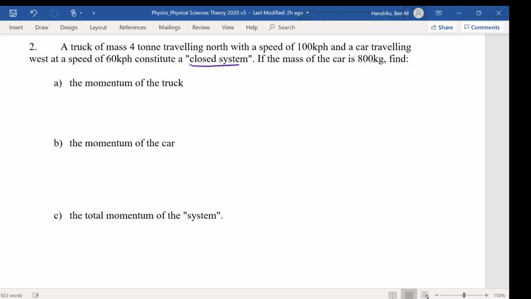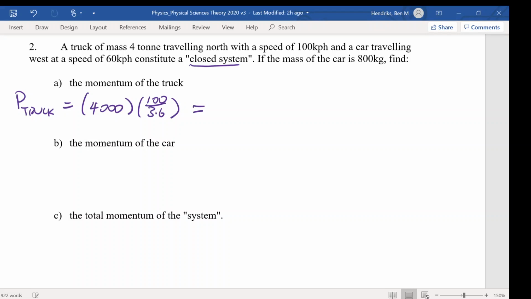So we have a truck of mass 4 tons. So let's do the truck. Let's say P of truck is equal to 4 tons, so 4,000, that's our mass, with a speed of 100 kilometers per hour. So again, changing it to meters a second, starting with kilometers per hour, we divide by 3.6.